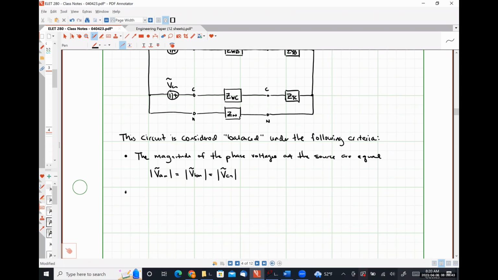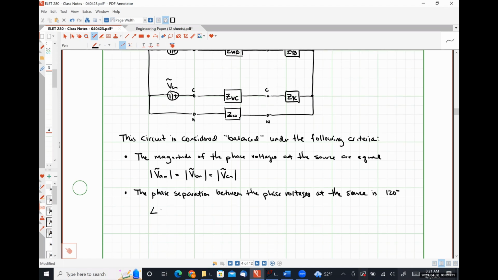Our second criteria is that the phase separation between phase voltages at the source is 120 degrees.